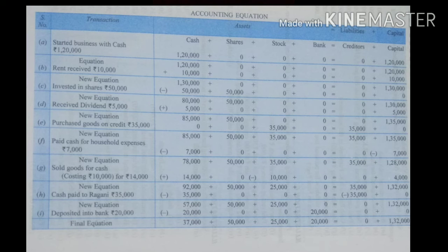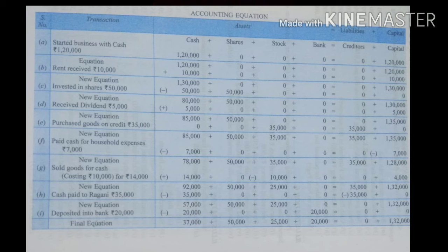Okay, then we are getting cash paid to Ragini. When the purchase was done on credit from Ragini, purchase and creditor both were increased. Now cash paid, so cash is going, so it should be deducted. And who else decreases? Creditor decreases.